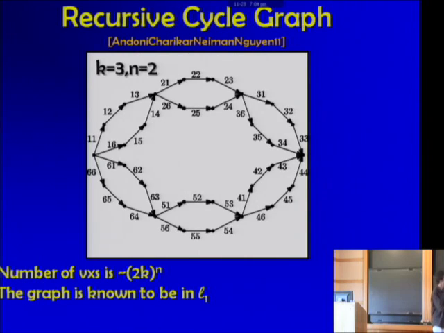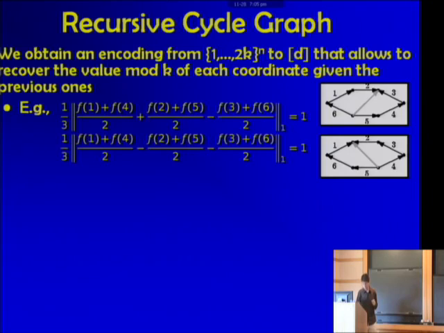So the reason taking k bigger than 2 helps is that the number of vertices behaves like 2k to the n, but the number of strings you can decode behaves like k to the n. If you compare the two expressions, you have a better polynomial dependency. It's no longer a square root. So it's 2k to the n versus k to the n. Let me show you quickly why this happens, but it's a very similar proof. There's one thing you may have to worry about, but it's more or less the same, with the same intuition.